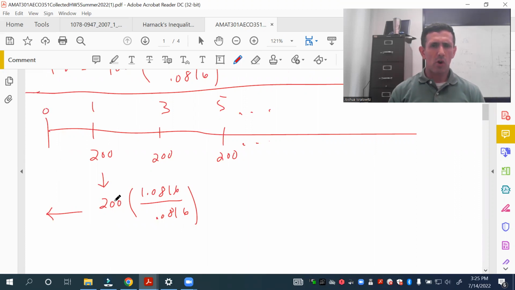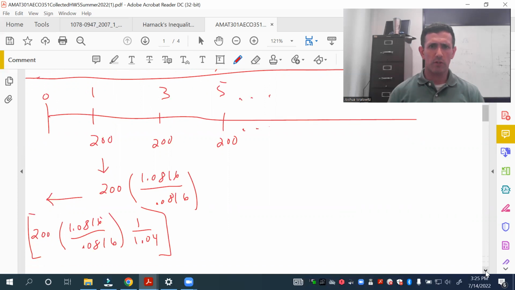So I take this thing, 200 times 1.0816 over 0.0816, times 1 over 1.04. I'm discounting it by 1 year, and the 1-year interest rate is 4%.